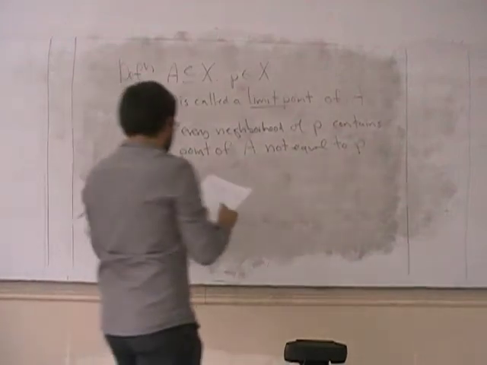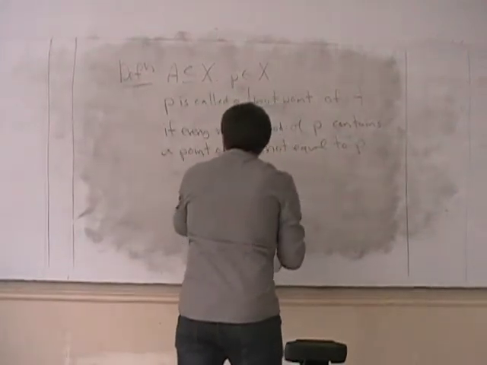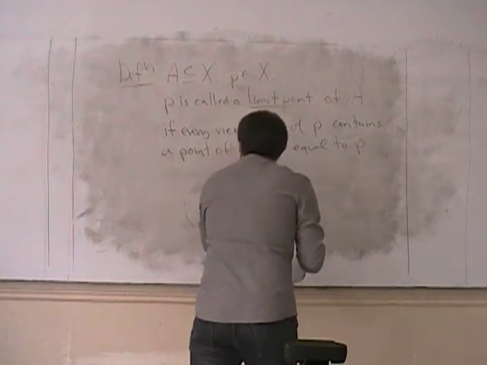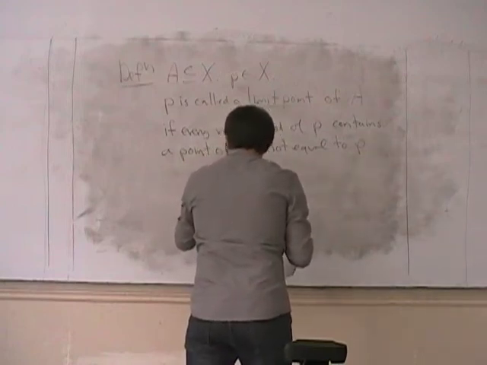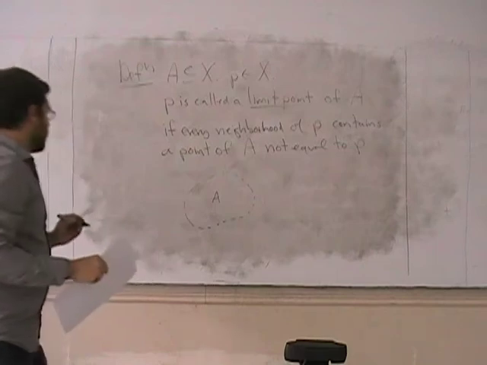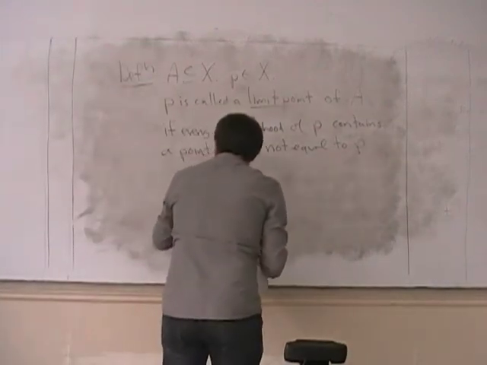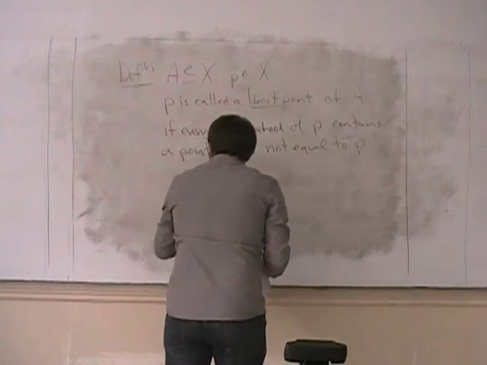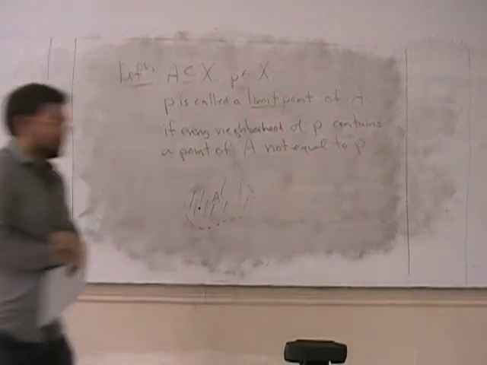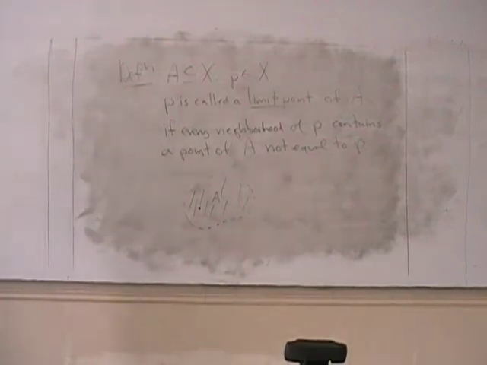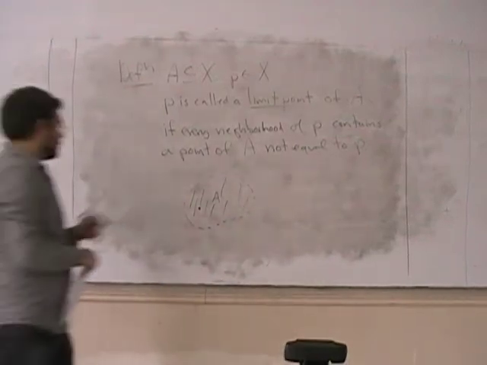We can draw it pretty simply here. So here is A. So if I take a point in here, it's a point of A. Is it also a limit point of A?